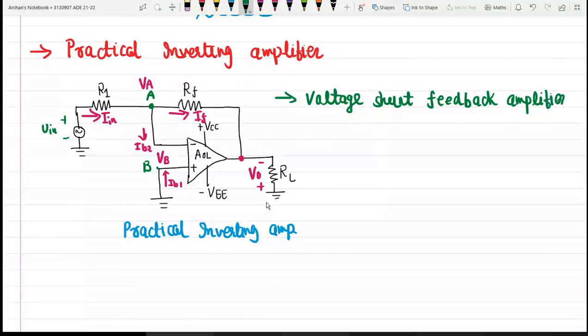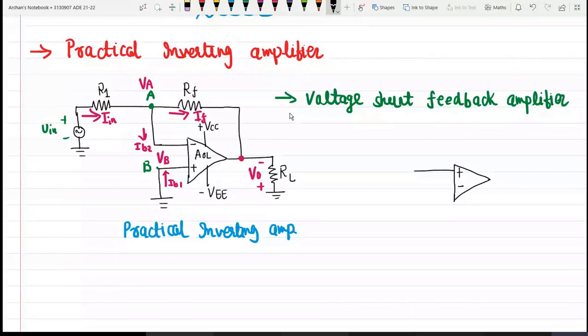Now why is it called voltage shunt feedback amplifier? See what I am doing, I will try to redraw this typical circuit. Right now the non-inverting terminal I have changed, and it is grounded as we know.